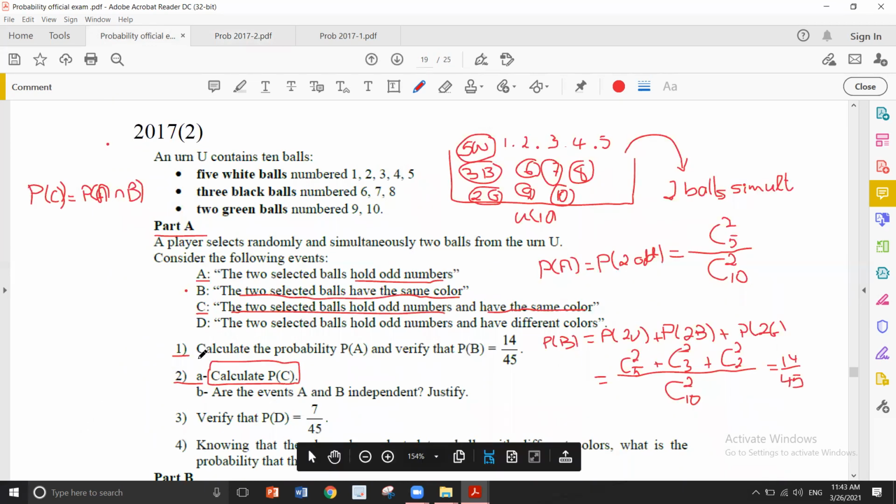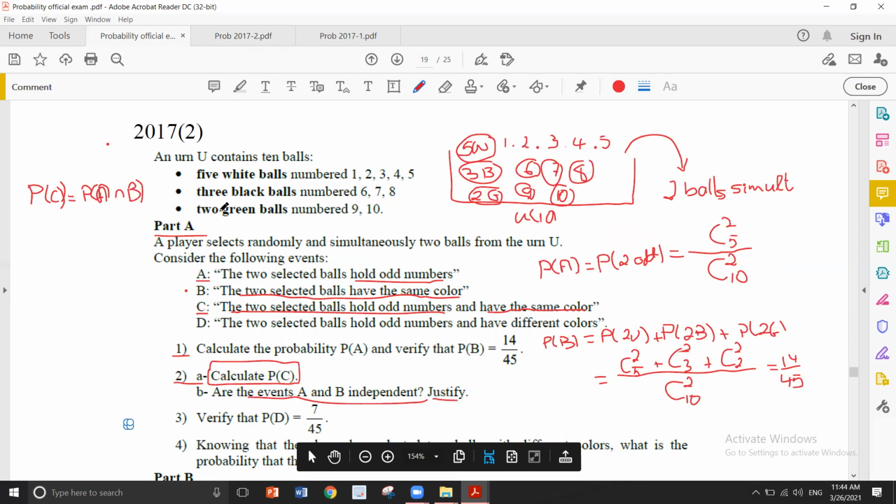Part B. I didn't give you the definition of independent events. You can add it to your notes. Are the events A and B independent? Justify.